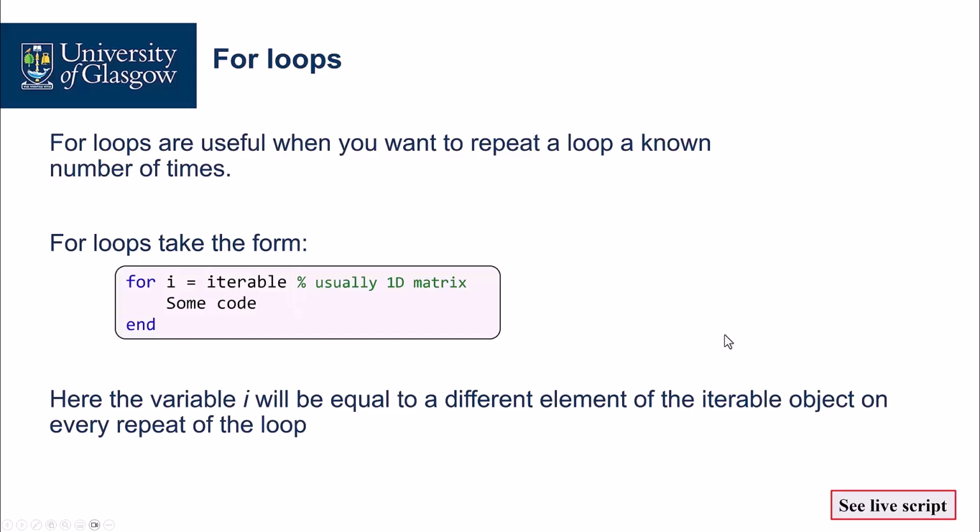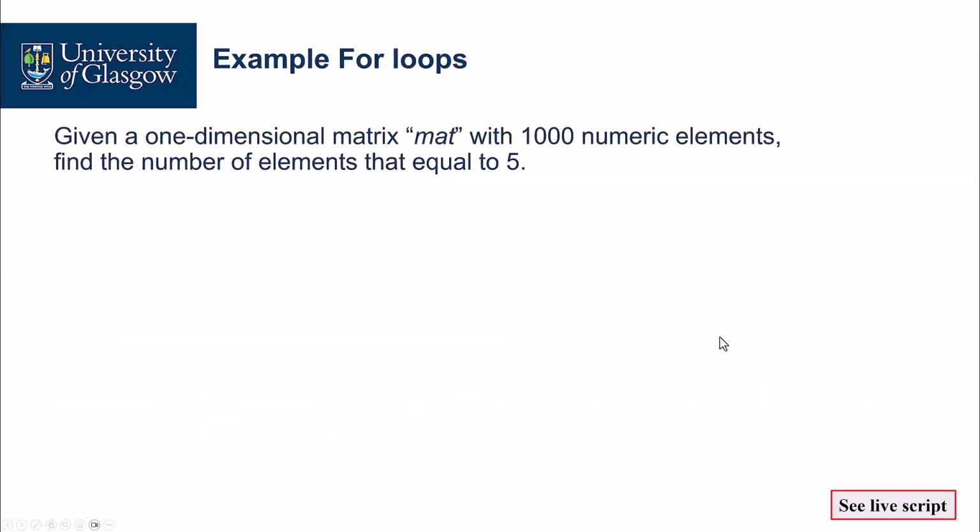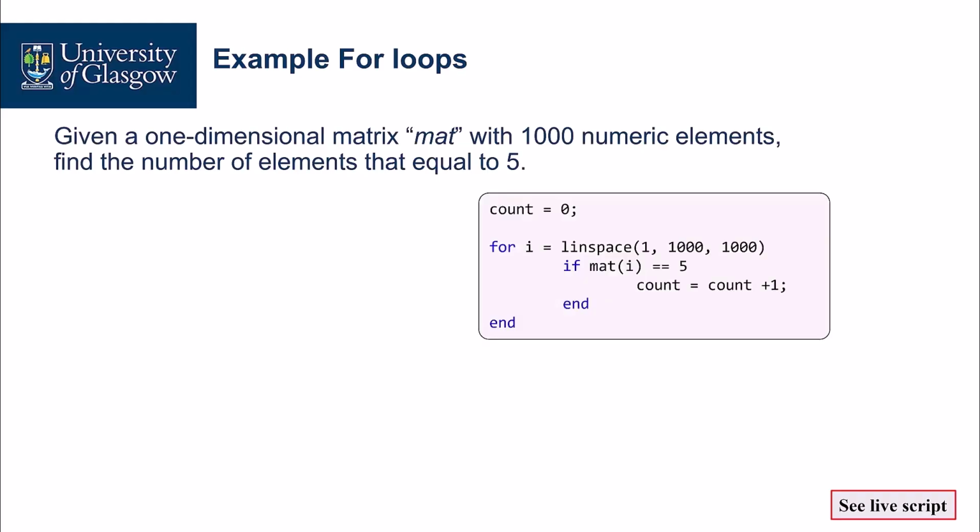Now let's see an example. The question is that I provide a one-dimensional matrix called mat, and this matrix has 1000 numeric elements. I want to find the number of elements whose value equals 5. How do we write the program? We can first set count equals 0.